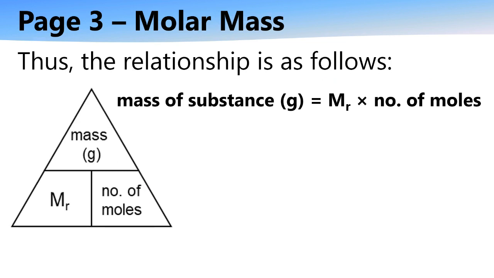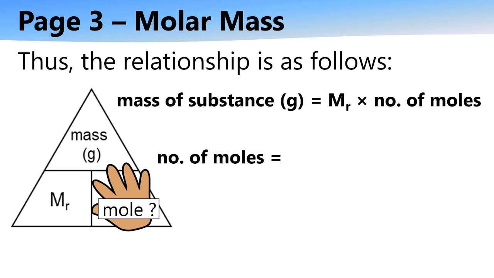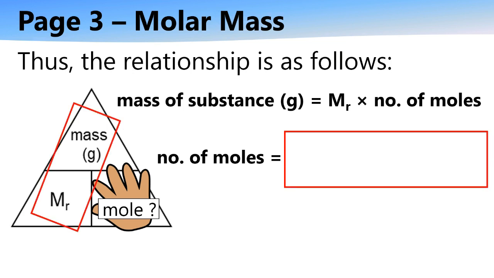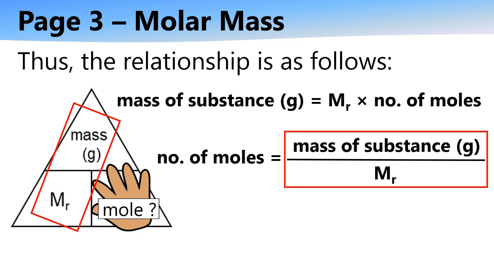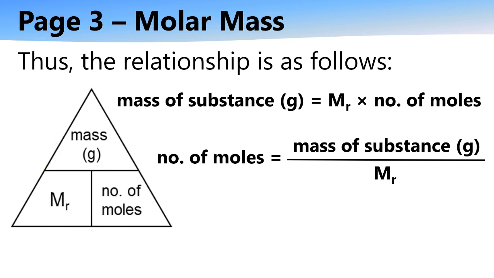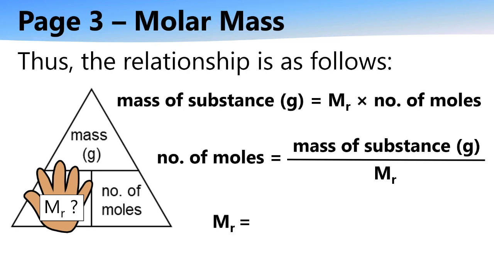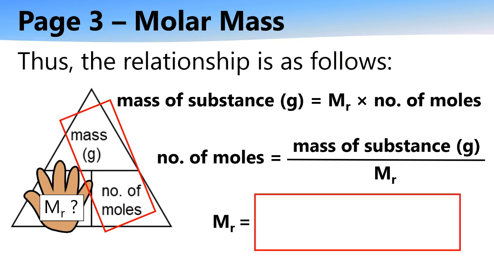Okay, sometimes the question will ask you to find the number of moles given the mass and the MR of a substance. If you cover up that part of the formula triangle, the number of moles is mass over MR. And lastly, if I want to find the MR of something, as you can see from the formula, it will be equal to mass over number of moles.